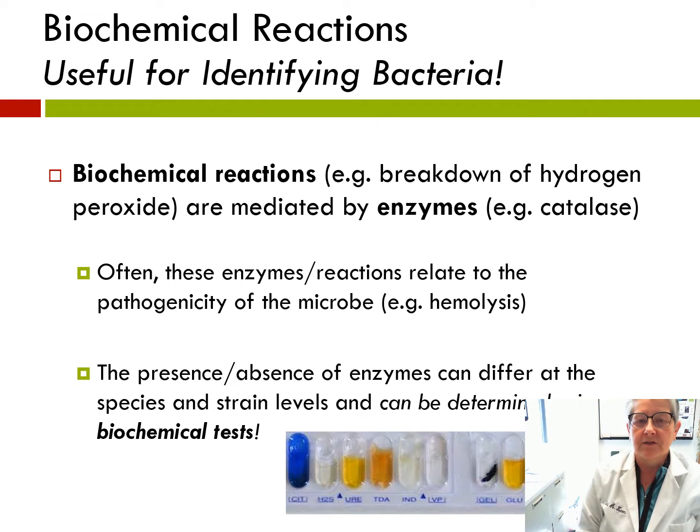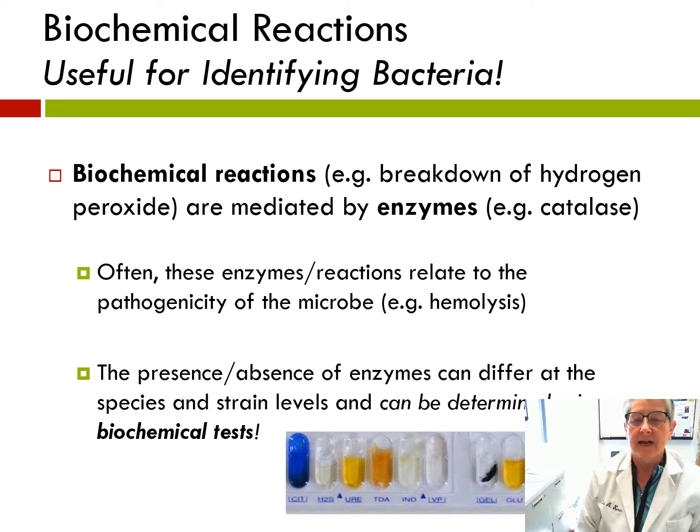One of the things we do is use biochemical reactions. It's very useful for identifying bacteria, and this is done often in medical labs. The biochemical reactions are often mediated by enzymes. That is, an enzyme helps the bacteria to perform a certain biochemical reaction.